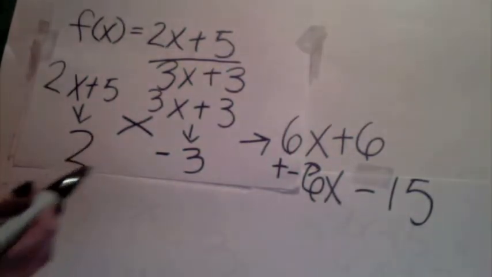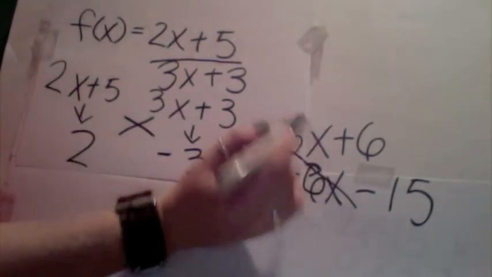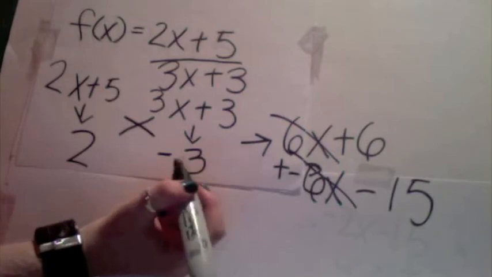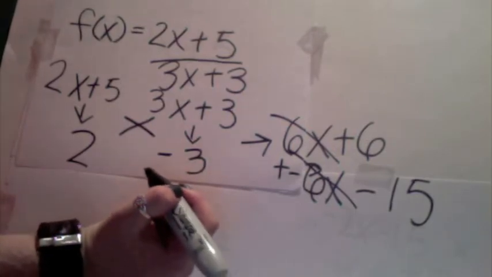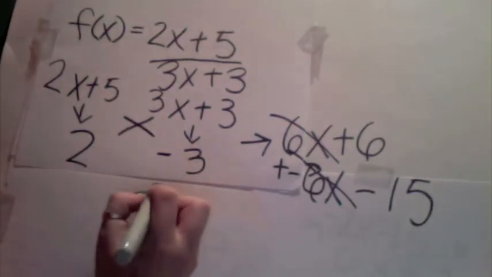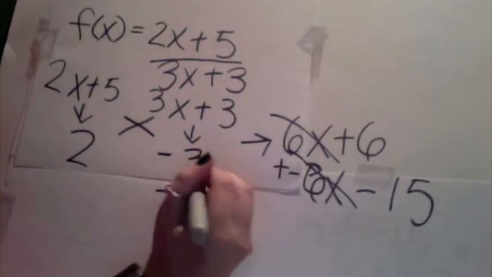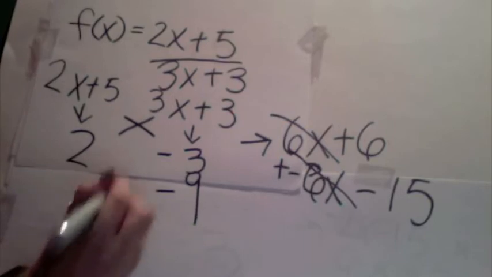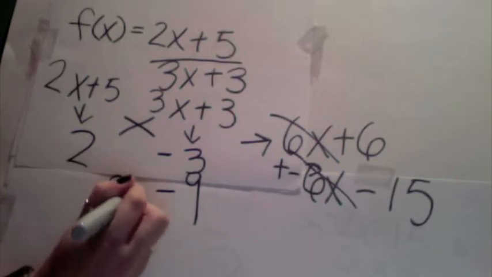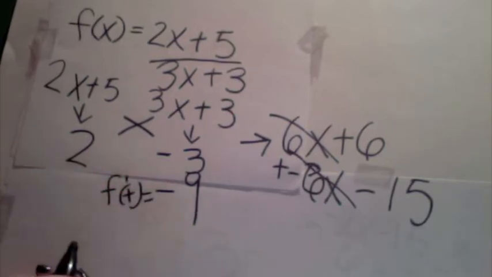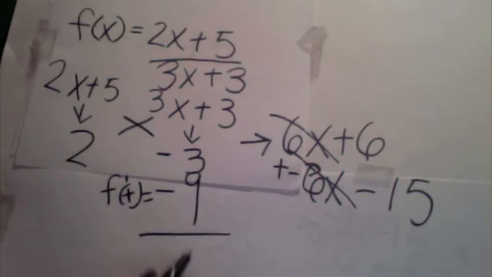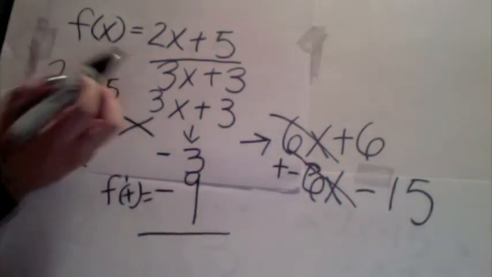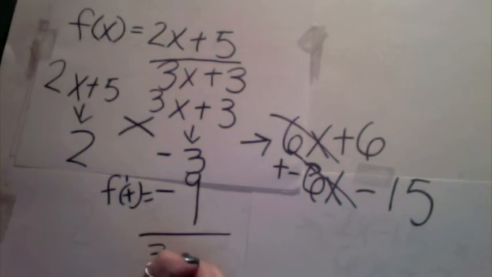So, when you add those together, your 6x's cancel out, and you would get negative 9, most would think, right? No, because with the quotient rule, you have to put it all over g of x squared. So it would be 3x plus 3 quantity squared.